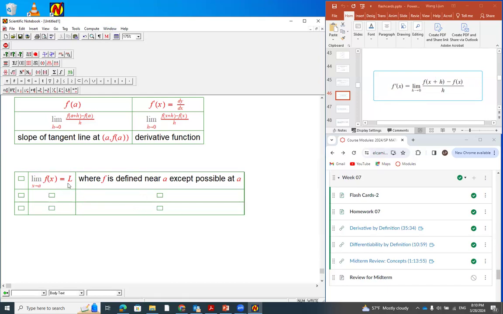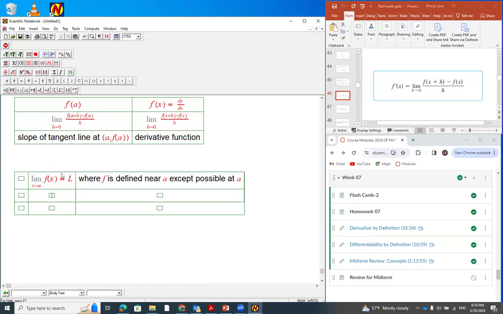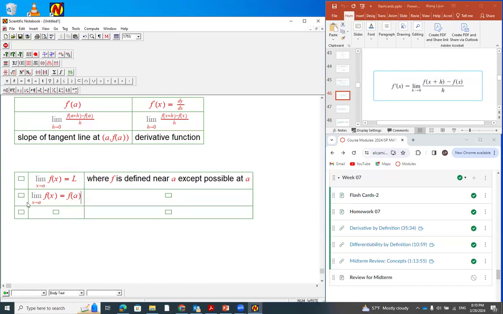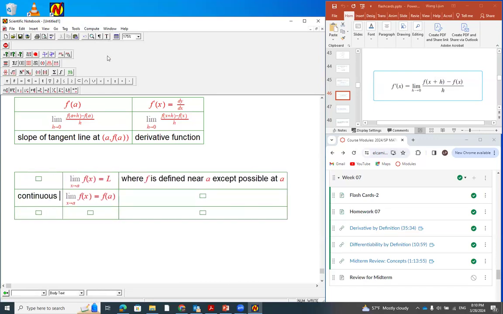All right, so in comparison, continuous at a. Limit at a. We make it a little bit more compact.